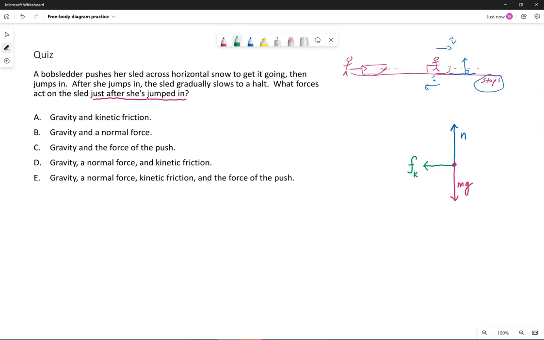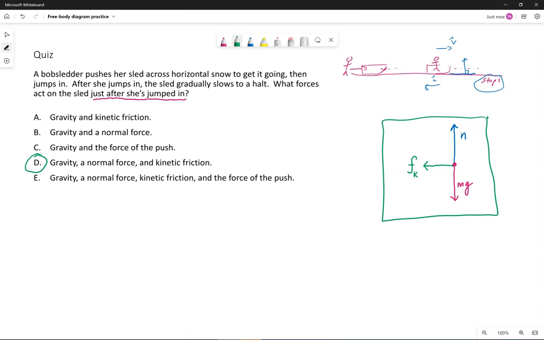Static friction would be for an object not sliding, so that's not applicable here. So after she has jumped in, these are the three forces acting on the bobsled. So gravity, normal force, and kinetic friction. So D is the correct answer here.